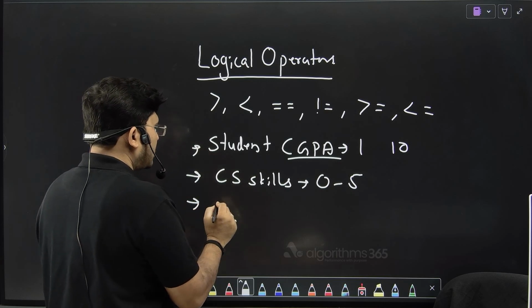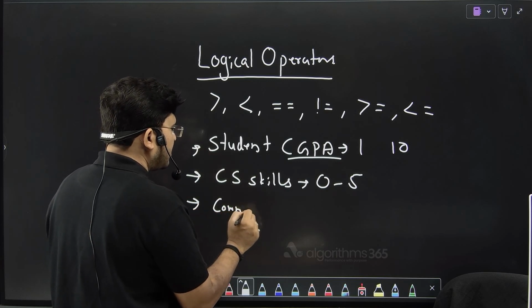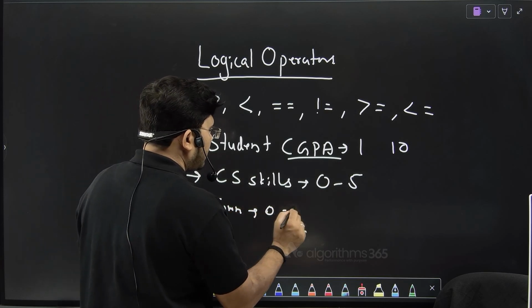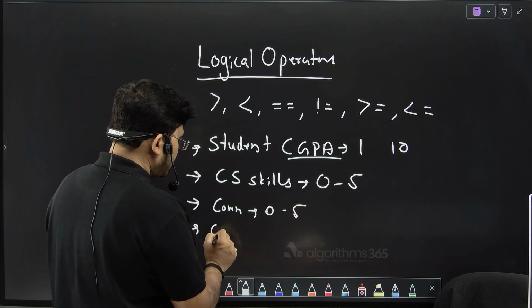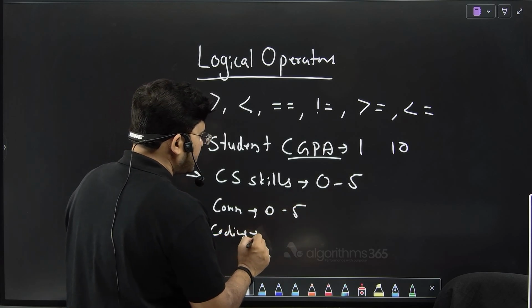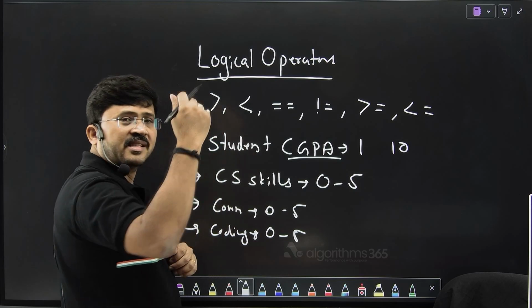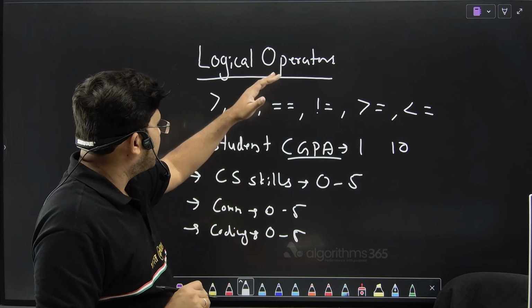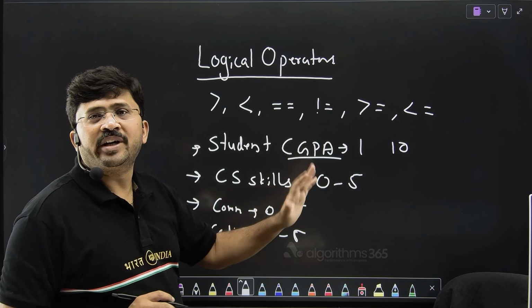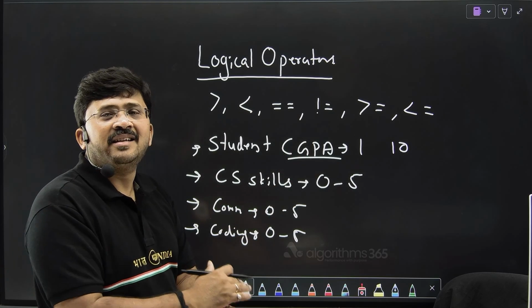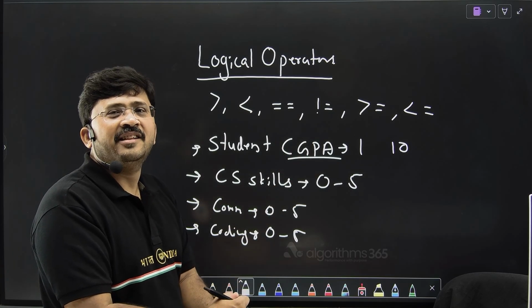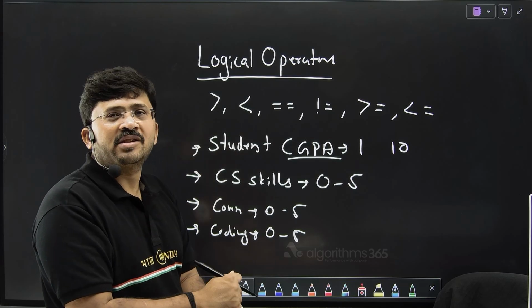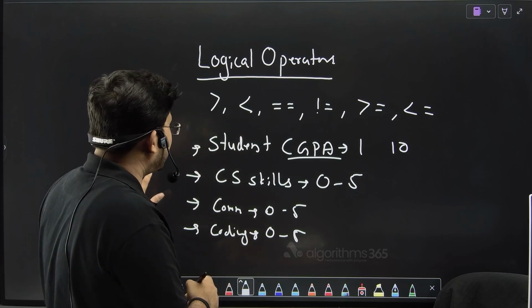Then you have the student's communication skill rated 0 to 5. Then coding skill 0 to 5. So across various skills, when the interviewers assess a candidate or student, they give some rating, and that rating gets entered in an Excel sheet. And then finally, they look at the numbers and say, okay, this is our hiring decision.